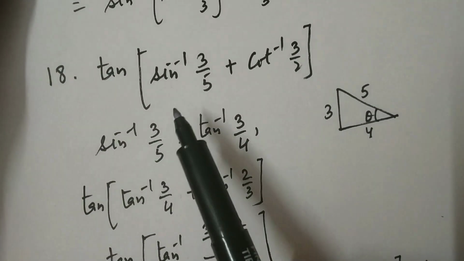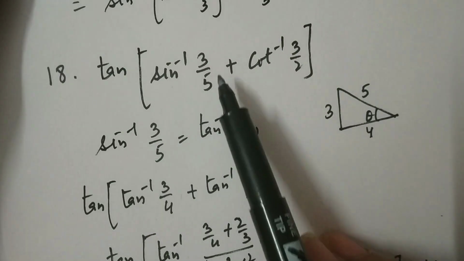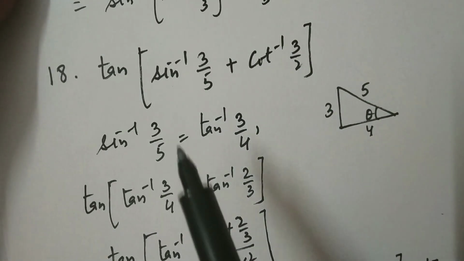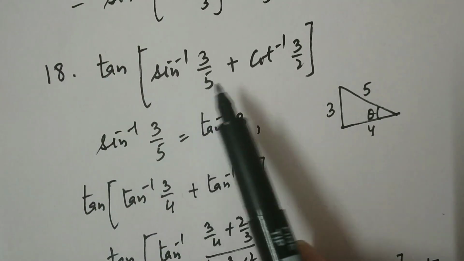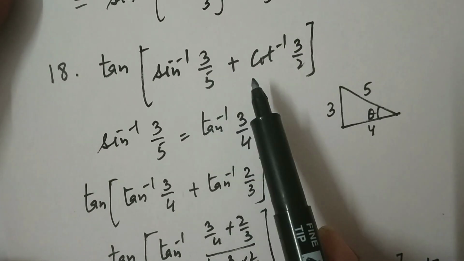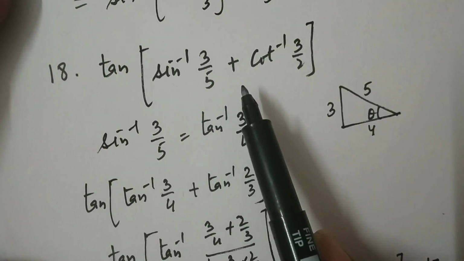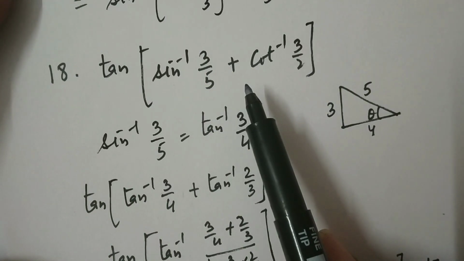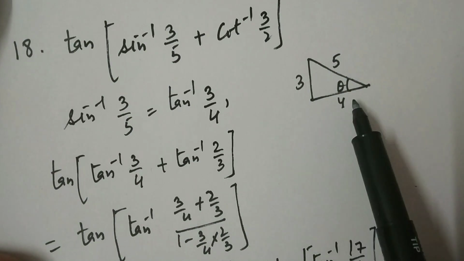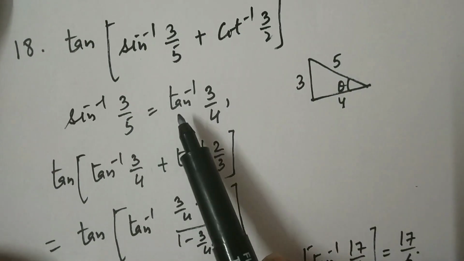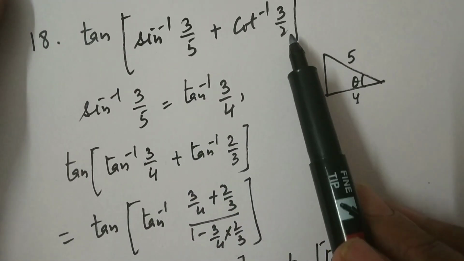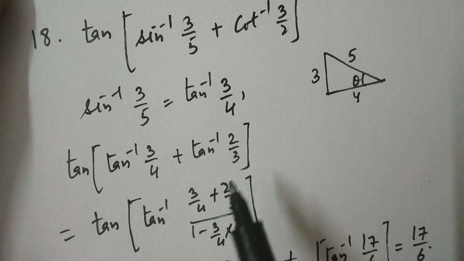Question number 18: tan of sine inverse 3 by 5 plus cot inverse 3 by 2. Whenever you are given sine inverse or cot inverse, always convert them into tan inverse form, so that you can apply the formula for tan inverse. Sine inverse 3 by 5, using the right angle triangle property, can be written as tan inverse 3 by 4, and cot inverse 3 by 2 can be written as tan inverse 2 by 3.